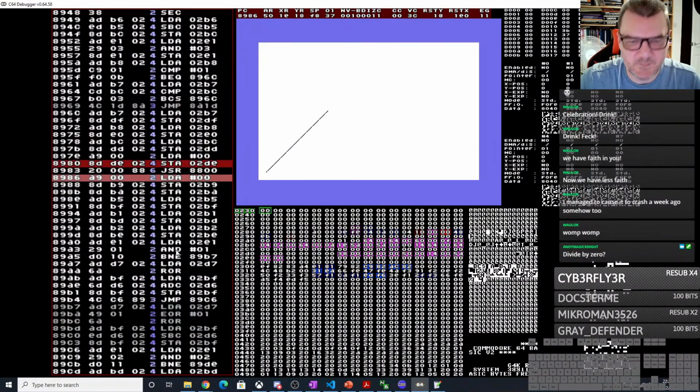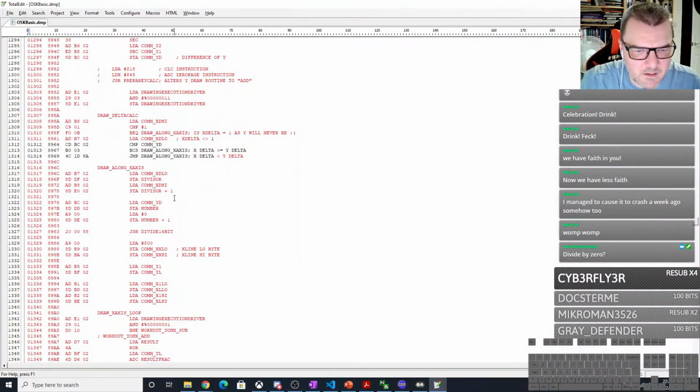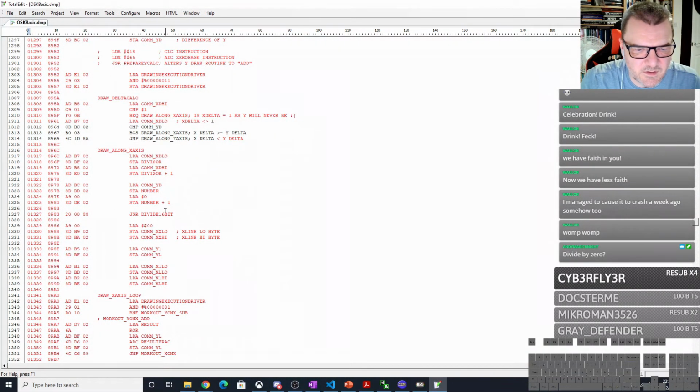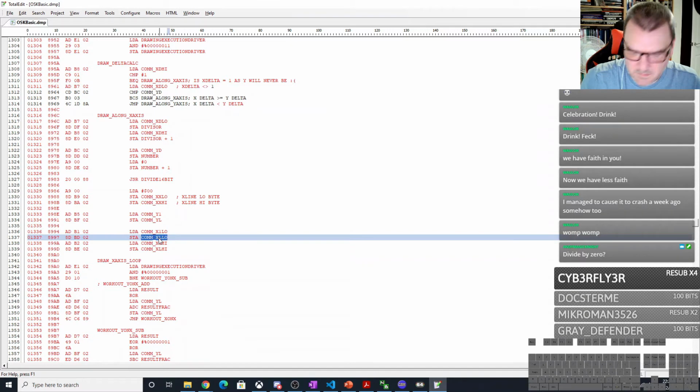We'll see why it's blowing a fuse. So our running numbers are XL. Here we go, XL low. So they're 02BC. So XL low is 02BD.